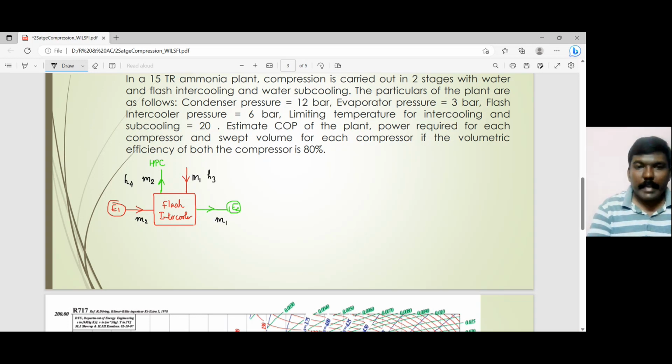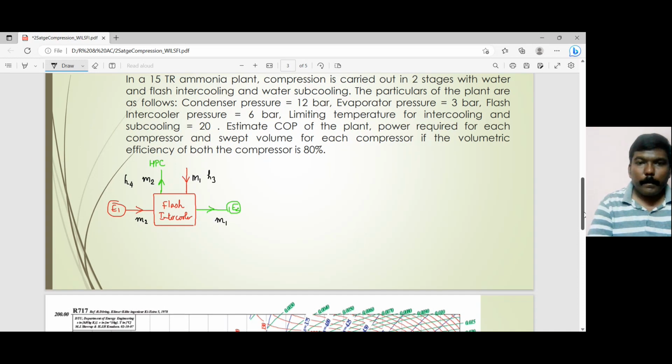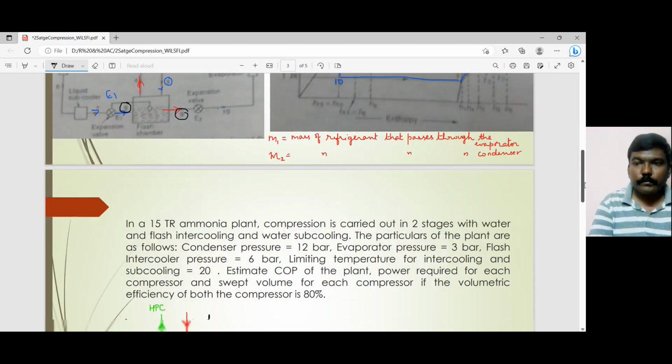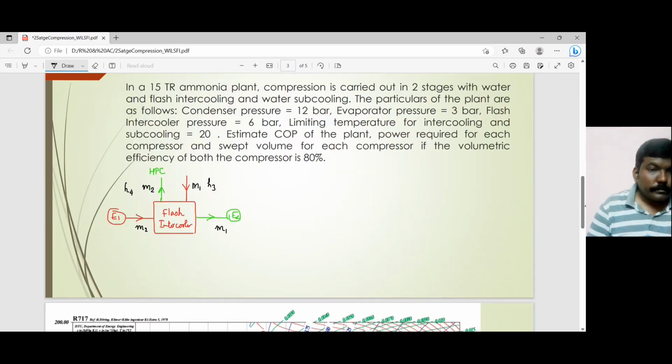Okay, and for the expansion valve, I think it should be H9. Okay, so here the entry is 8 and the exit is 9. So H8 and H9. So the enthalpy here is H8 and the enthalpy here is H9.